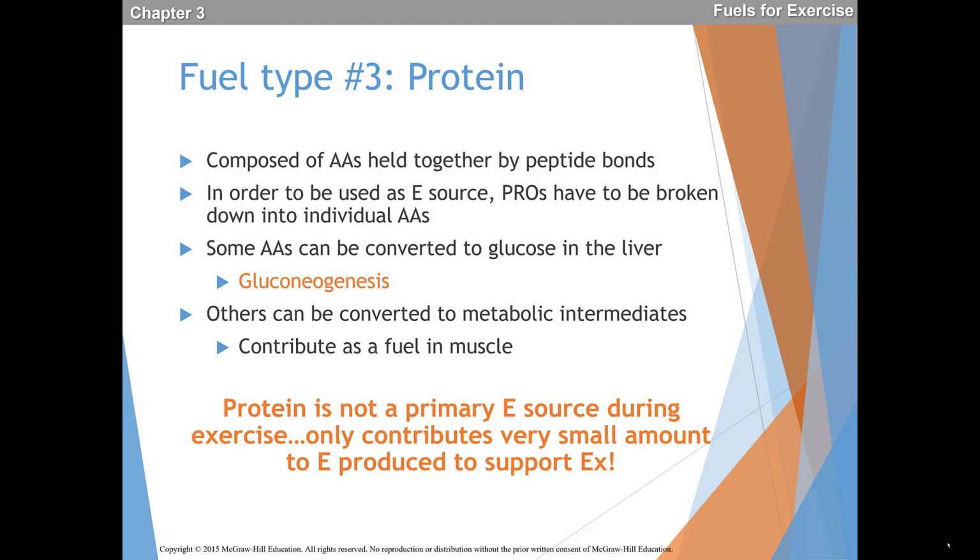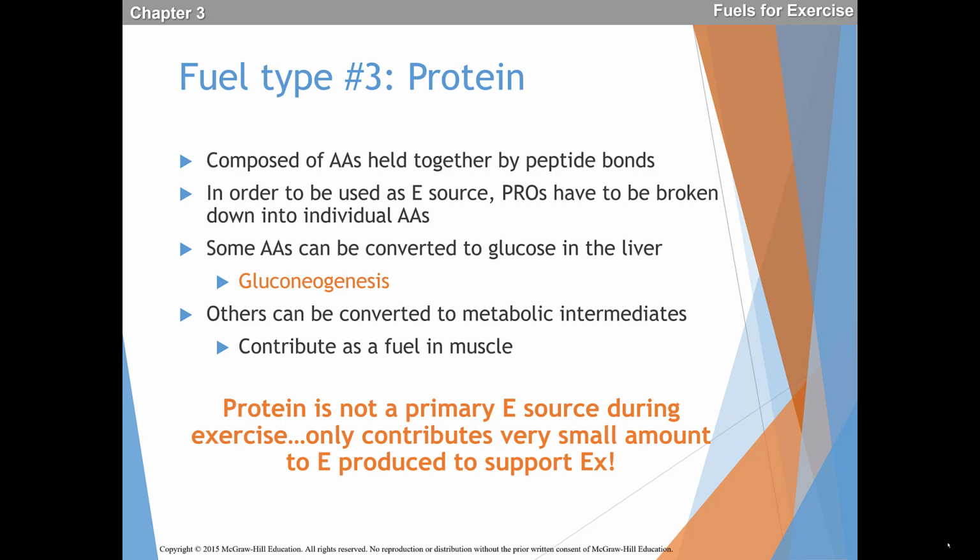Some of them can get converted into glucose in the liver through a process called gluconeogenesis, or the synthesis of new glucose. Some amino acids can get converted into what are called metabolic intermediates. These are little steps of the ATP production process, and if you get converted into one of the steps, you can ultimately be made into ATP.